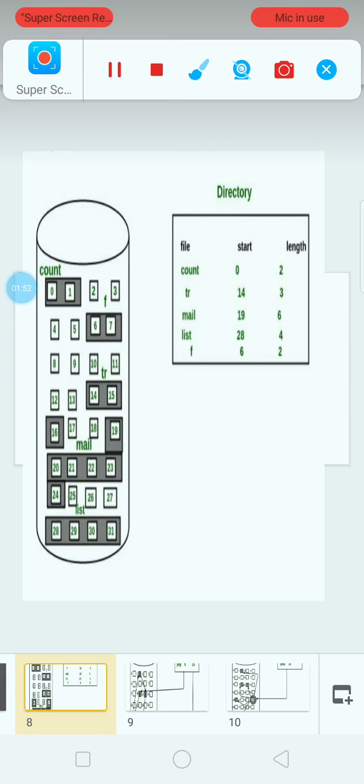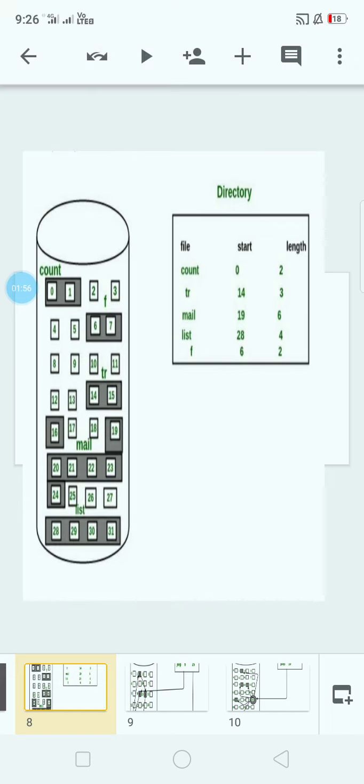The file mail in the following figure starts from block 19 with a length of 6 blocks. Therefore, it occupies blocks 19, 20, 21, 22, 23, 24.